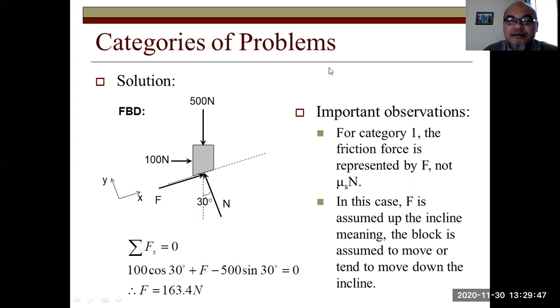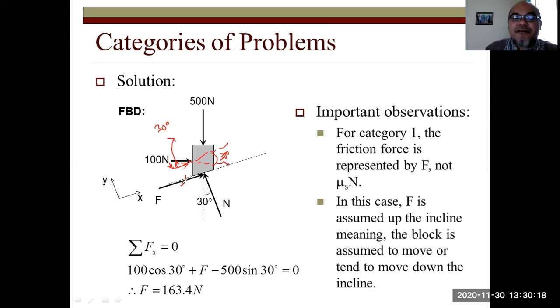Let's try to. So we have to find here the component of this 100 Newton, here plus this one, this value, this value. So this one is how much? This angle is 30 degree as well. Yeah? This is 30 degree. How come? So if we extend this further, because this is 30 degree, so this angle is 30 degree.